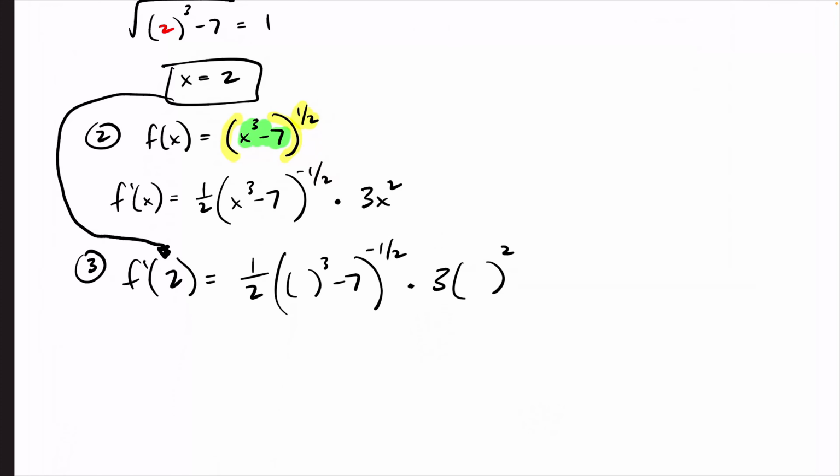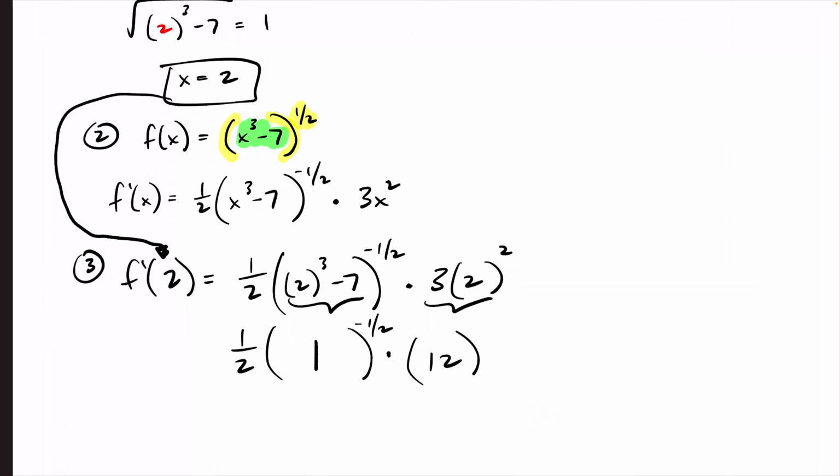So everywhere there, I'm going to plug in a 2. So we got 1/2. I'll do parentheses first. So we get 1, right? This is just 1 to the negative 1/2 power. And then over here, I get 2 squared is 4 times 3 is 12.